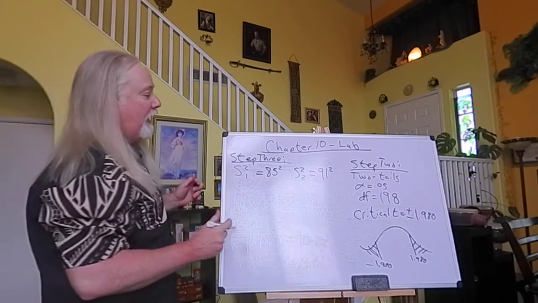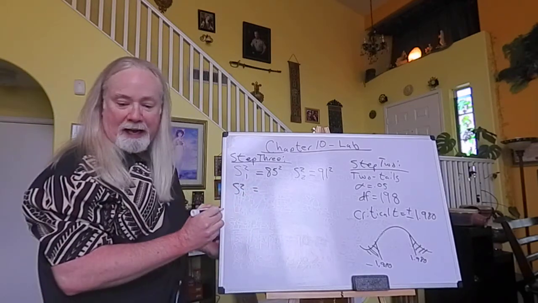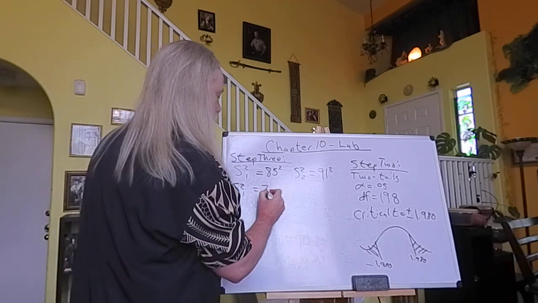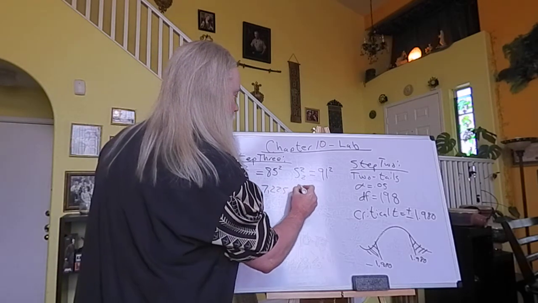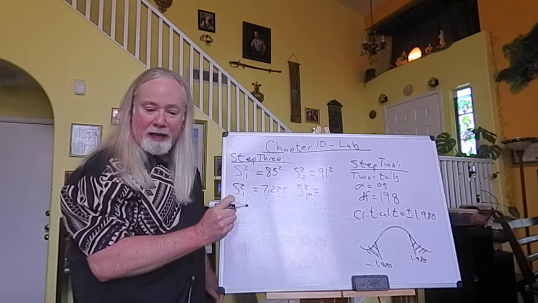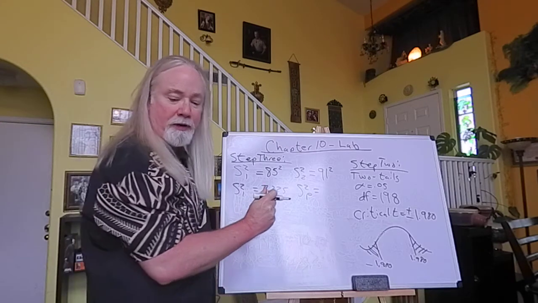So 85 squared comes out to be 7,225. And 91 squared comes out to be, where did I write that down? 91 squared is 8,281.